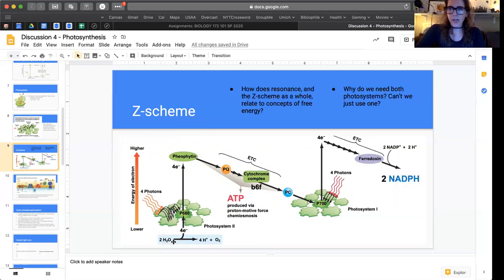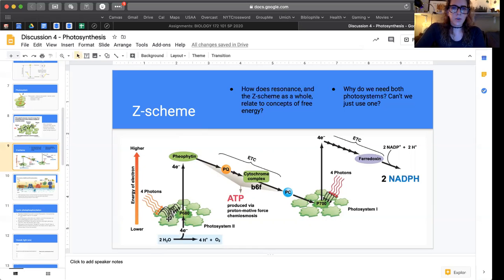And this water here is being oxidized, so it's losing electrons because the electrons are being donated to photosystem 2, which is the P680. So we have this resonance occurring as well as this electron donation to the photosystem. This process is going to be a main source of oxygen, which is really important for us, right? For humans and for other animals that can't photosynthesize, we need oxygen.